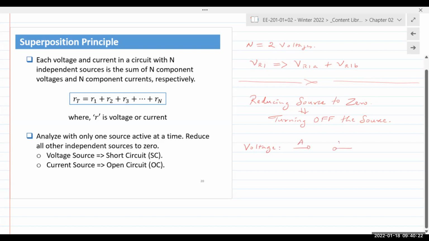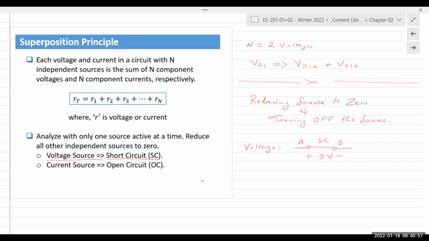Let's call these point A and point B. If there's a short circuit between the 2 points, then the resulting voltage between these 2 points is 0 volts. And that's where the concept of reducing a voltage source to 0 comes from. So if you want to reduce a voltage source to 0, you simply remove it from the circuit and replace it with a short circuit. Does that make sense?